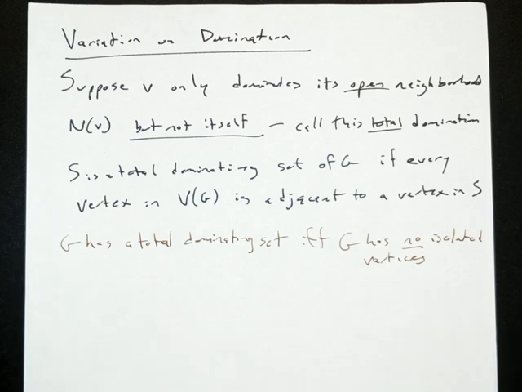If I have no isolated vertices, at the very least, I could use all of the vertices, because then everything would be adjacent to something else in the set. So I know I have one. The question is, can I make the smallest possible?